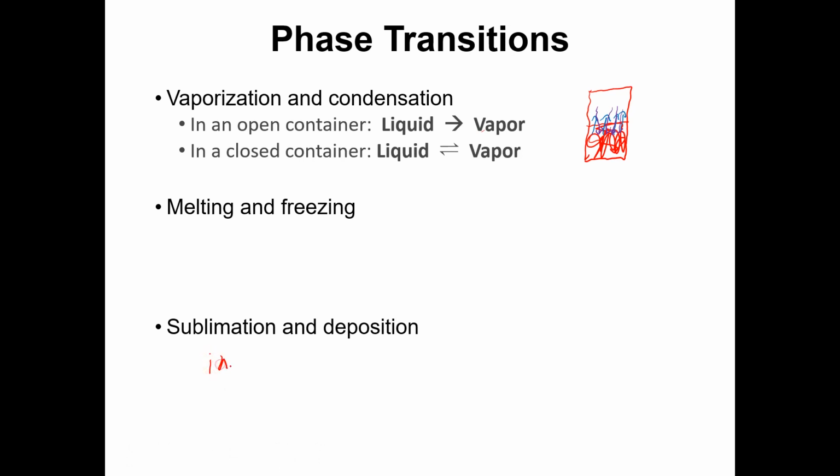So if you're in an open container, you get a solid turning into a vapor, and because we're in an open container, that vapor can escape into the atmosphere. So this process just continues until all the solid has sublimed into vapor.